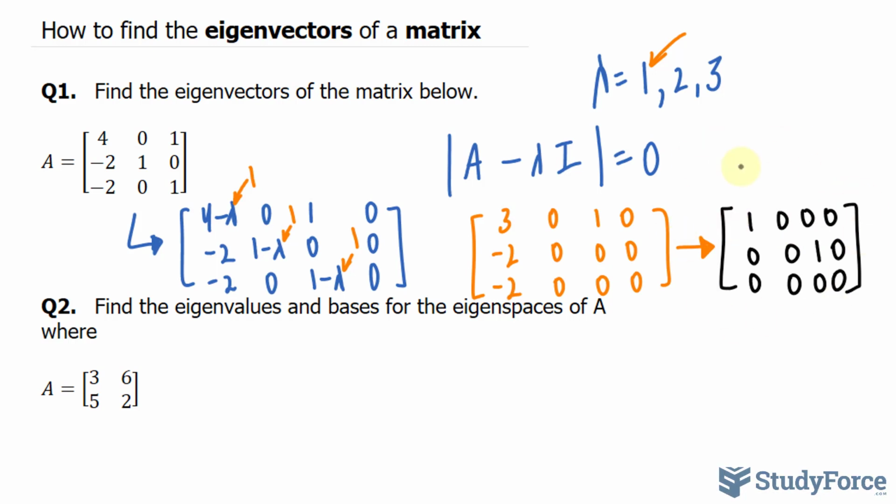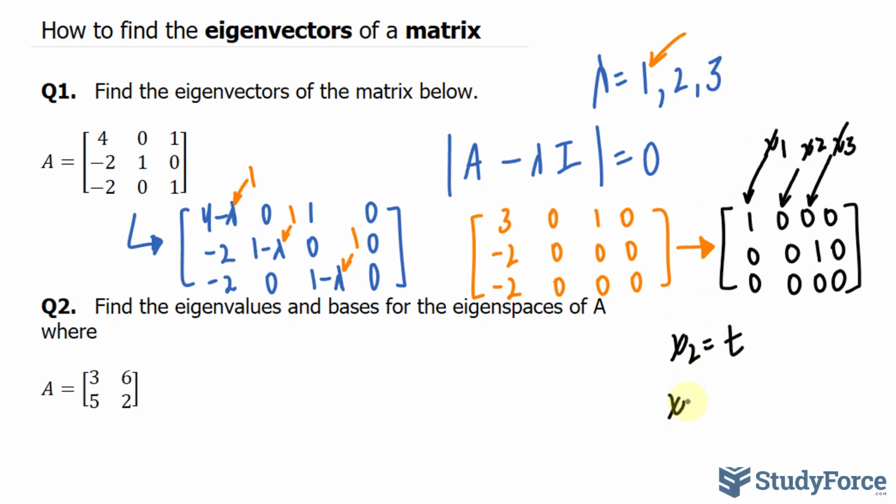So now that we have the following, notice that we have more columns than we have rows with leading ones. This means that we will end up with a few parameters. For example, if we set this column as x sub 1, this column as x sub 2, and this last column as x sub 3, x sub 2 will be a parameter because it doesn't have a leading 1. So we can set x sub 2 equal to any letter that we like. I'll use t.